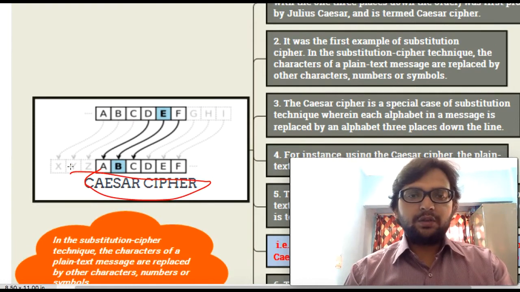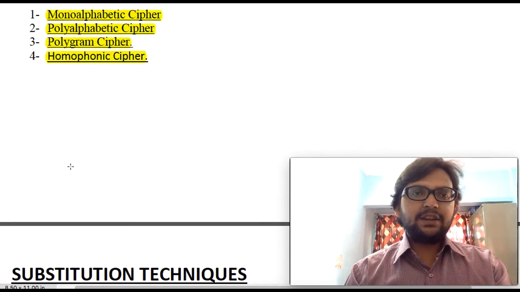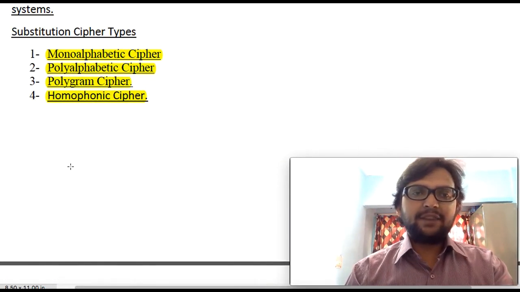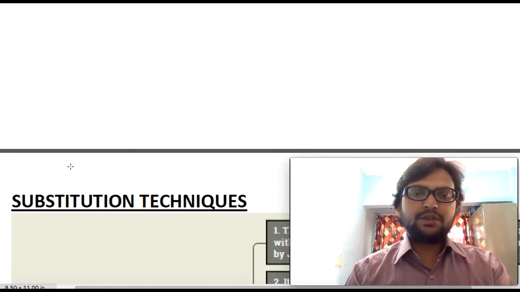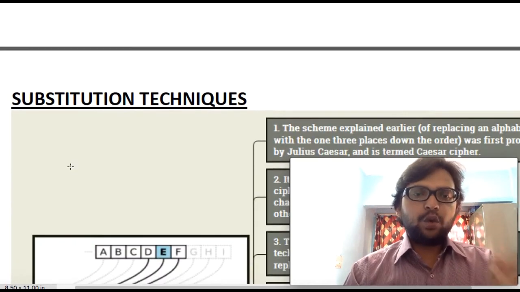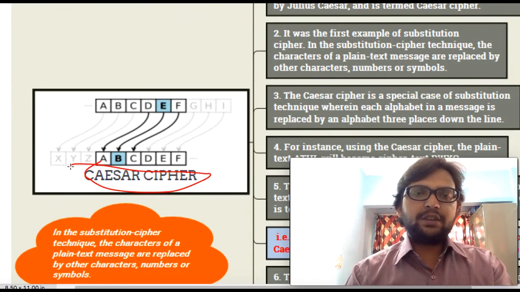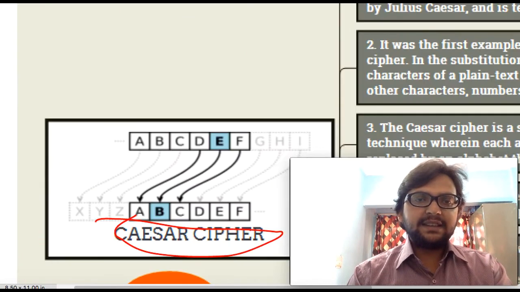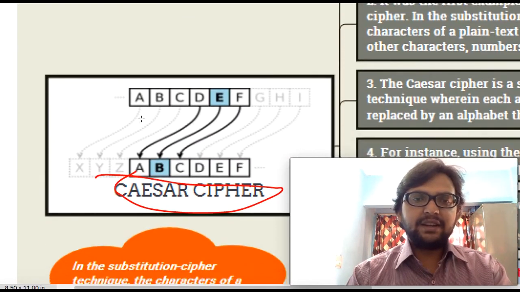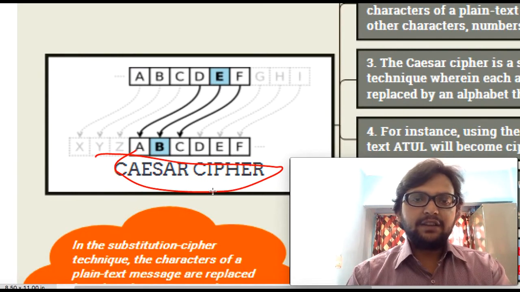To understand this particular algorithm, monoalphabetic cipher and all this, we should start with the very basics. One of the most basic types of algorithm is, as you can see in this diagram, Caesar Cipher. In this Caesar Cipher, we have some patterns present here.